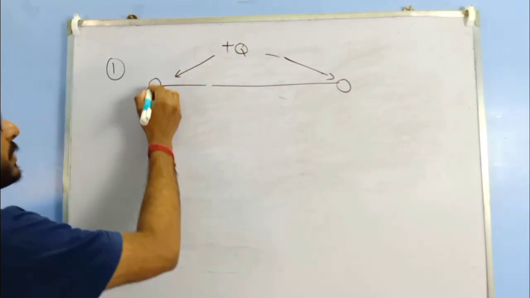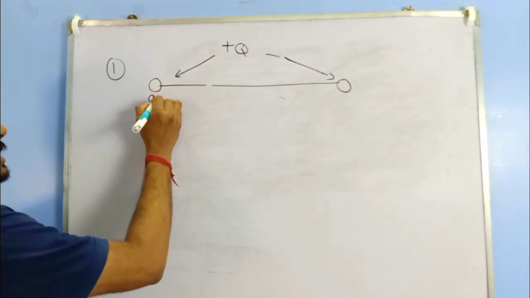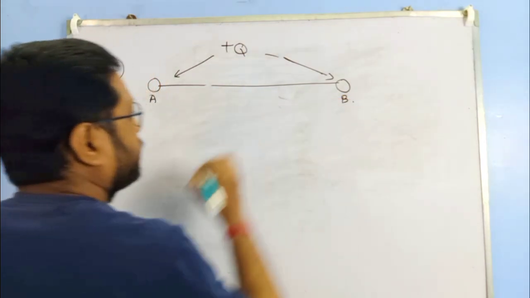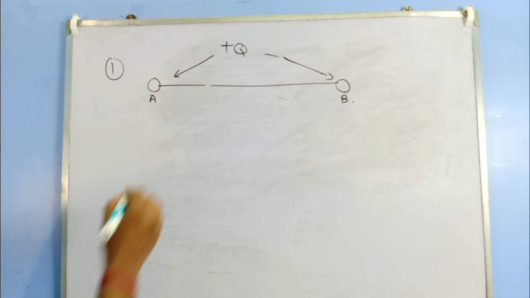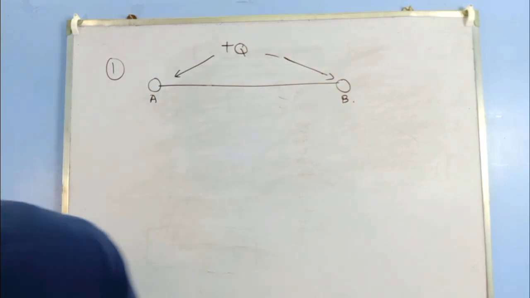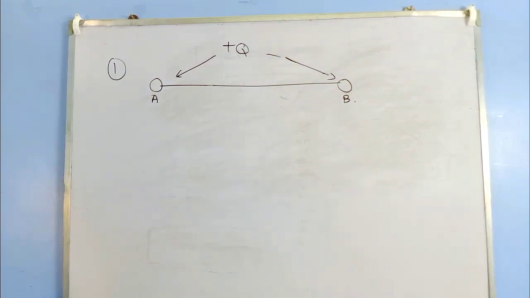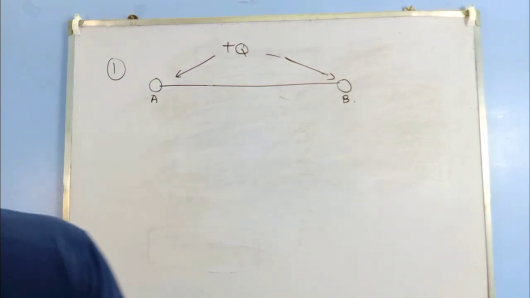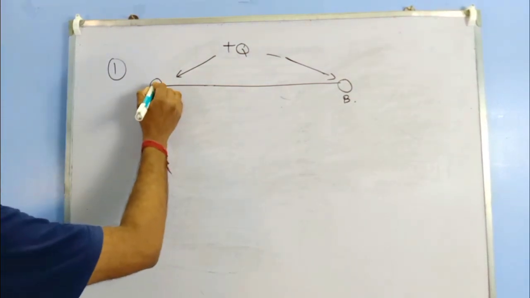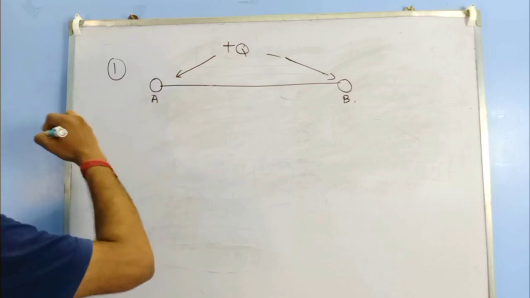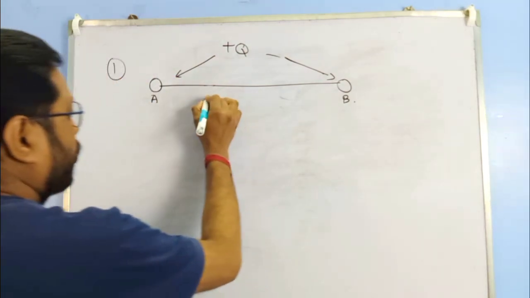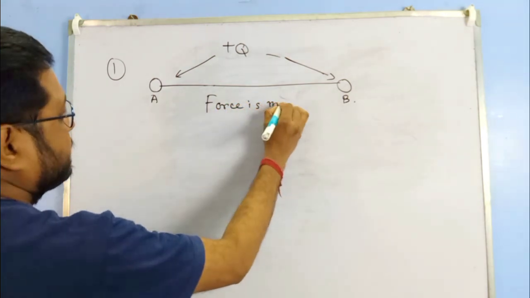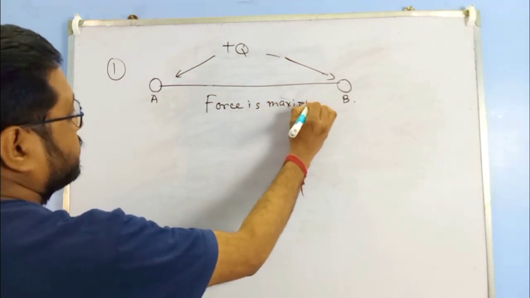The total charge is Q. It is divided between charged particles A and B. Now the question is, what should be the values of the charges on the objects so that the electrostatic force is maximum? How can we solve this?